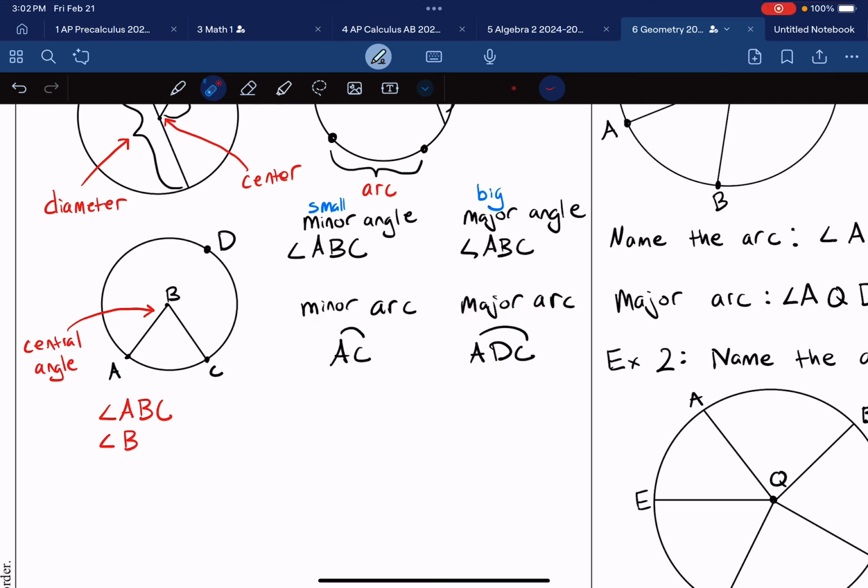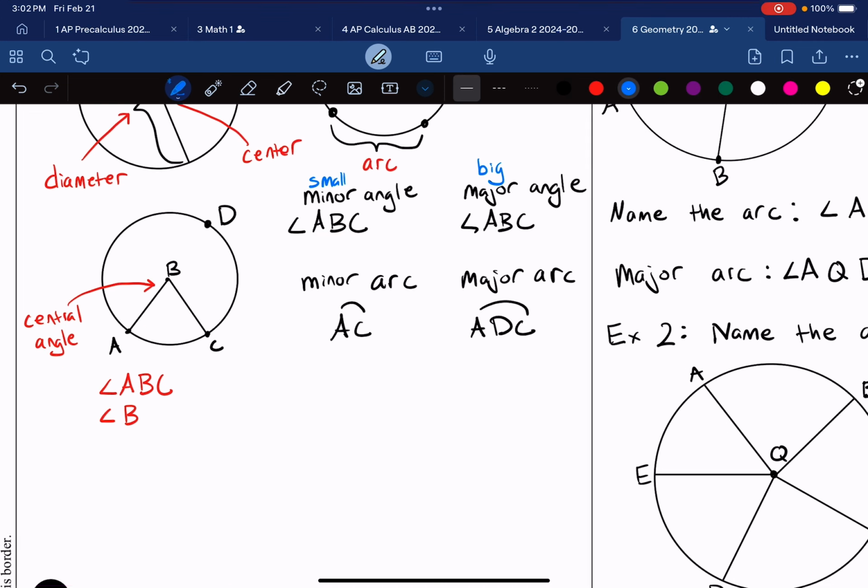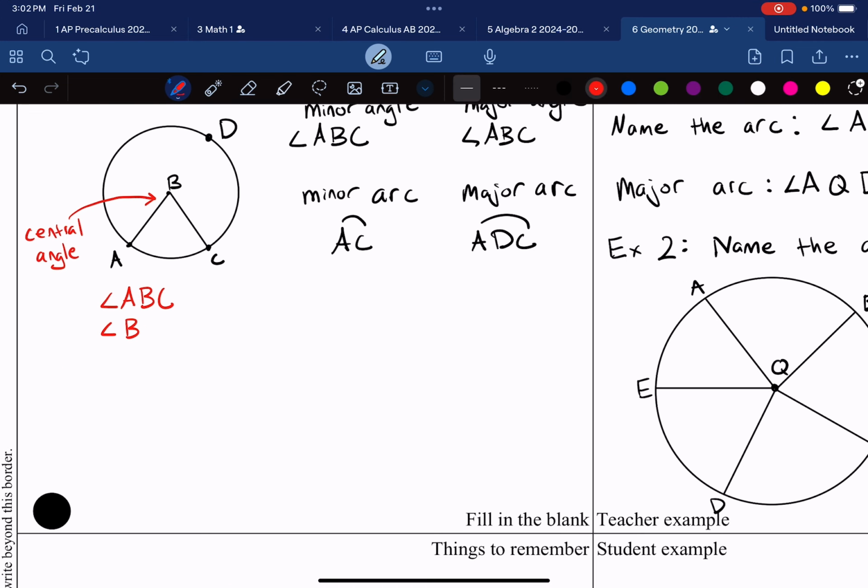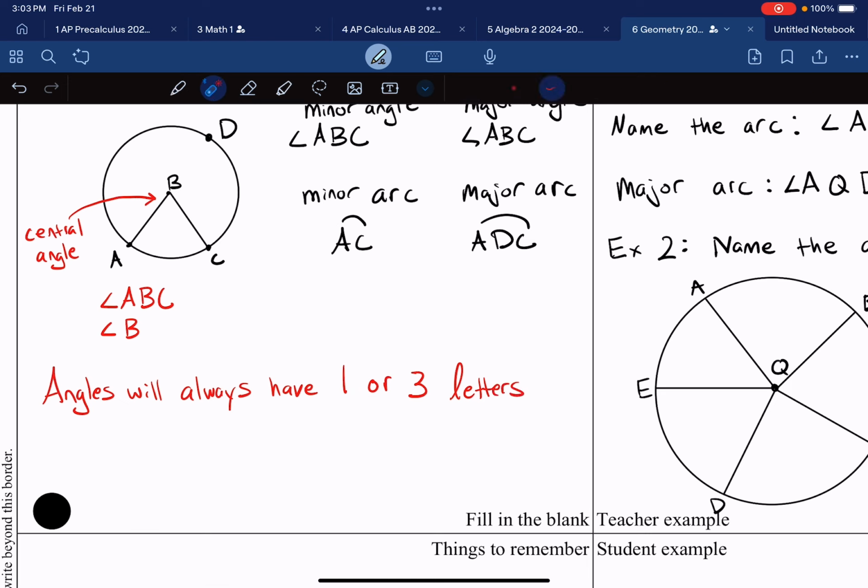So this is where it's worth talking about the difference in the number of letters that are in these. I can say that angles will always have one or three letters. You can see I have one there, I have three there. I'm talking about the same angle.